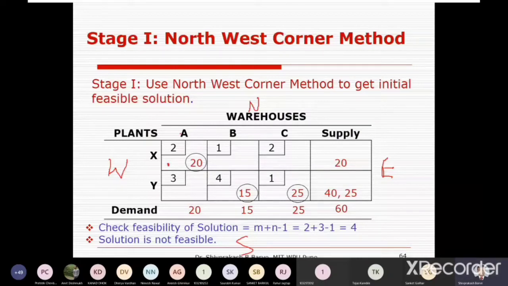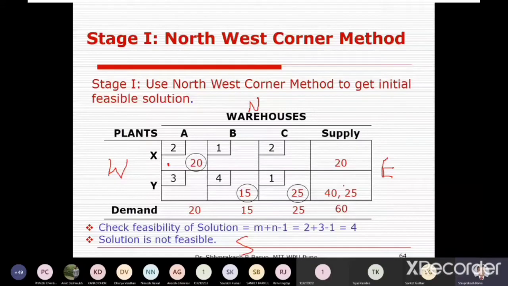Now we got cell XA. Check how much the supply and demand are, find the minimum of supply and demand, and allocate that value in the XA cell. Here supply is 20 and demand is also 20, so allocate 20 units here.